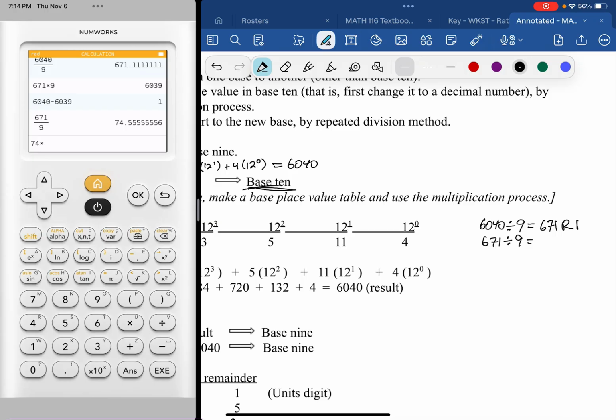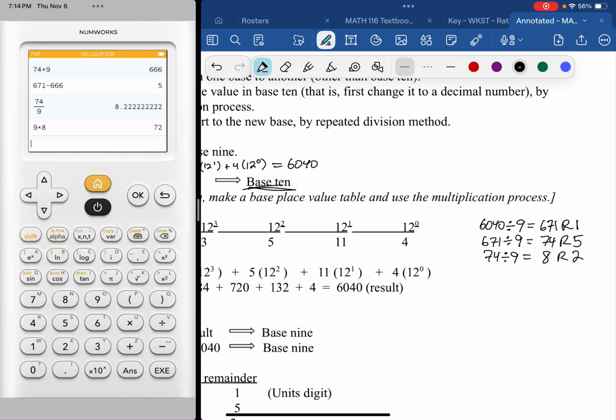Then I go 671 divided by 9, same progression. So 74 times 9, so I'm dropping the decimal. That would be a remainder of 5. So 74 with a remainder of 5. Then I would do 74 divided by 9. That's going to be 8. 9 times 8 is 72, but I'll type it in there anyway.